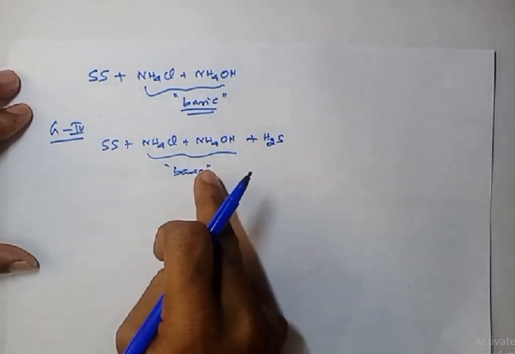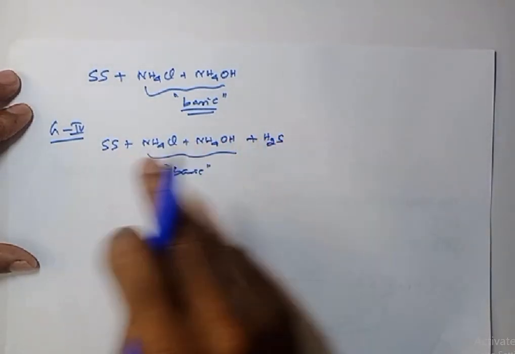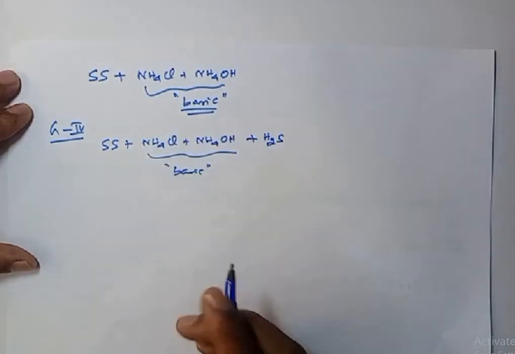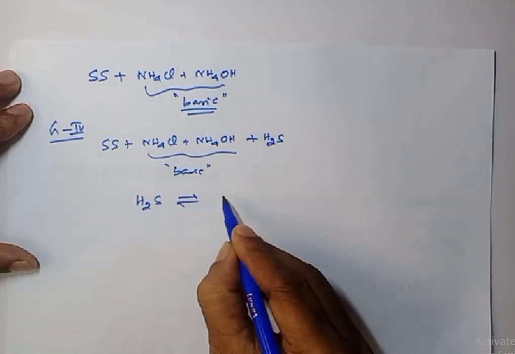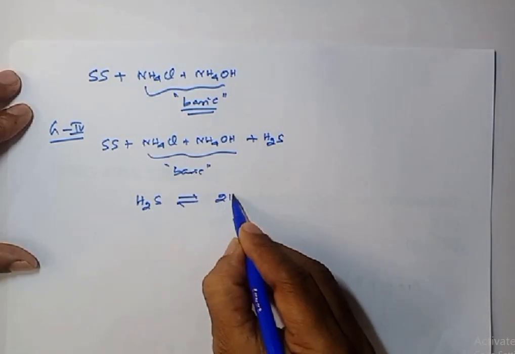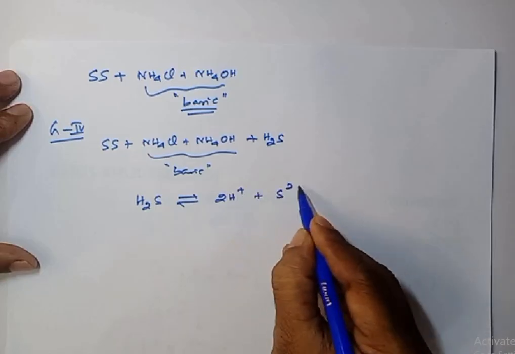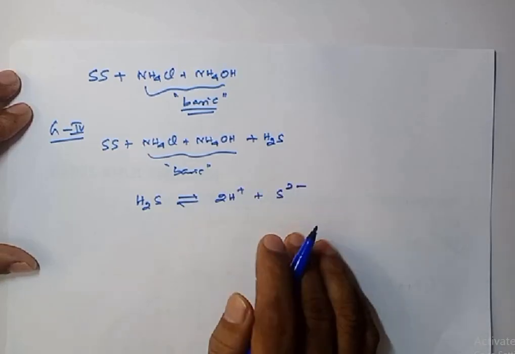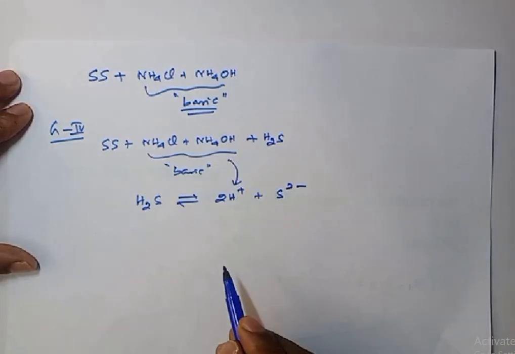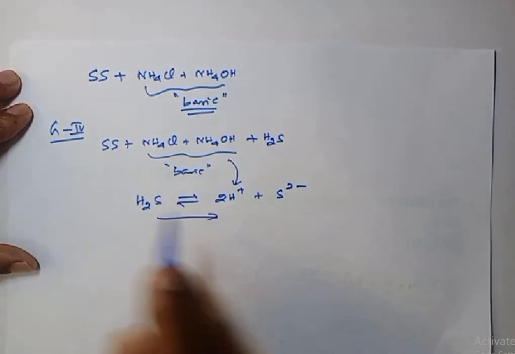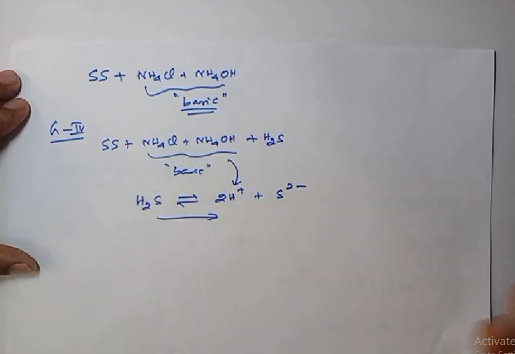In basic medium, H2S undergoes ionization to a larger extent. Why? H2S dissociates to give 2H plus ion and S2 minus ion. In basic medium, the base will consume this H plus, therefore more H2S starts to dissociate.